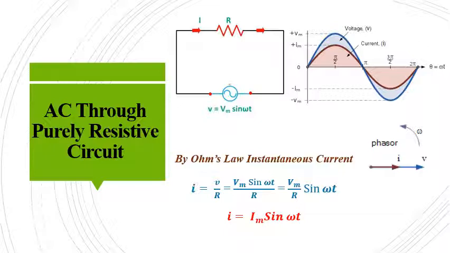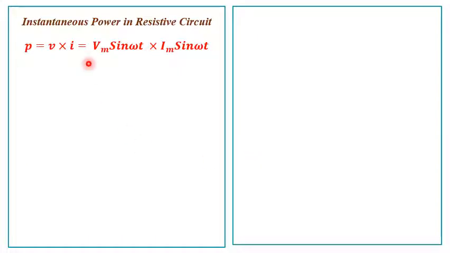Next we can see the power in this circuit. So the instantaneous power in the resistive circuit. Power in any circuit is voltage into current. So instantaneous power P is equal to V into I. Here the supply voltage is Vm sin omega t, whereas current is Im sin omega t.